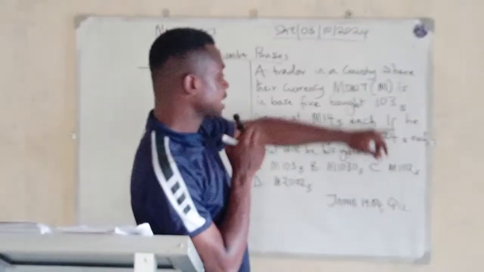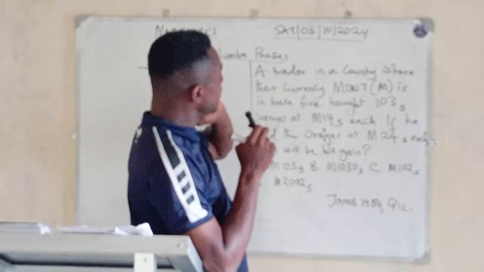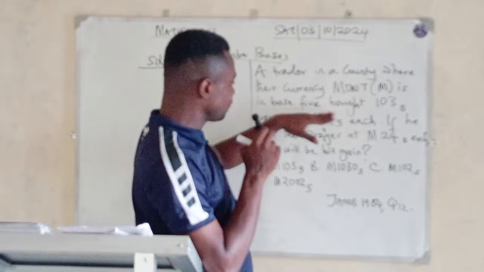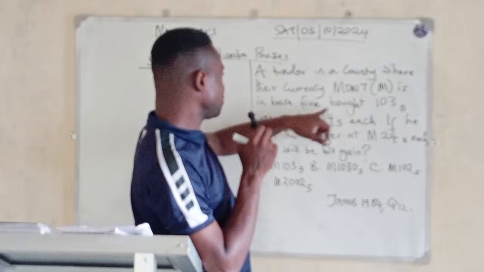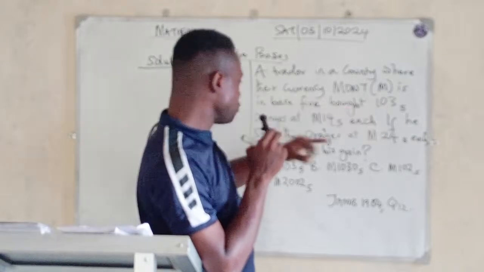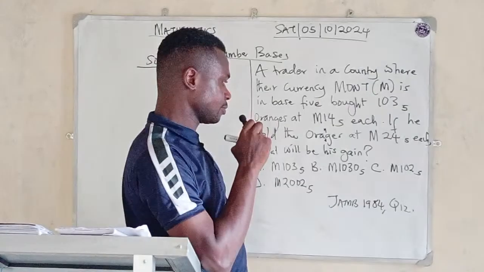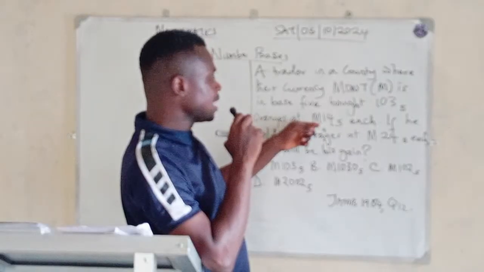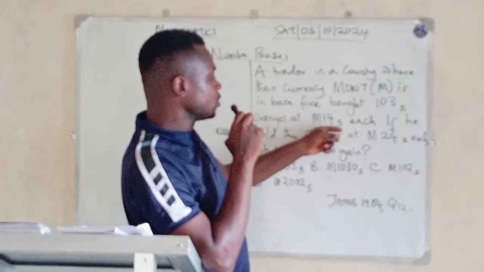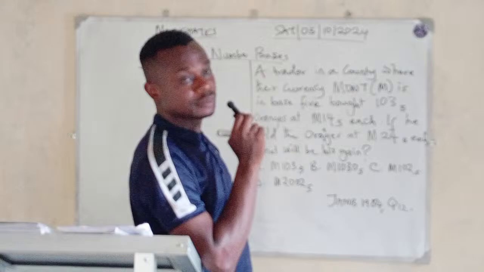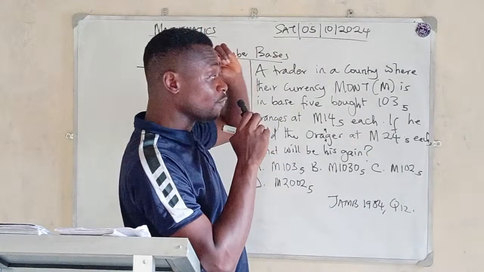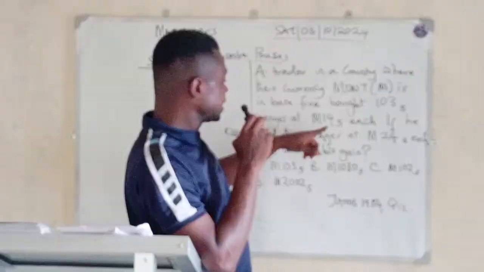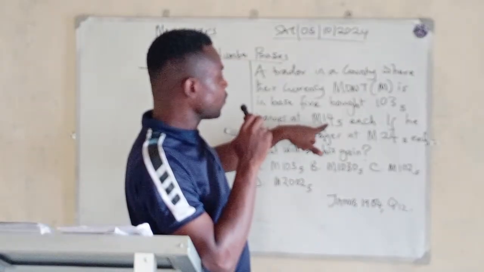Months. And the trader bought 103 to base 5 oranges at M14 to base 5 each. The cost of each of the oranges is M14 to base 5.